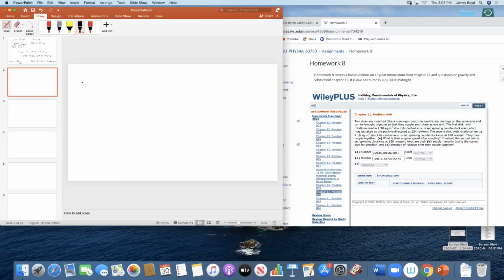So omega final is I1 omega 1 initial plus I2 omega 2 initial over I1 plus I2. If I put this in my calculator, I multiply 2.98 times 234 plus 7.10 times 938, divide the whole thing by 2.98 plus 7.10, and I get 729.9.